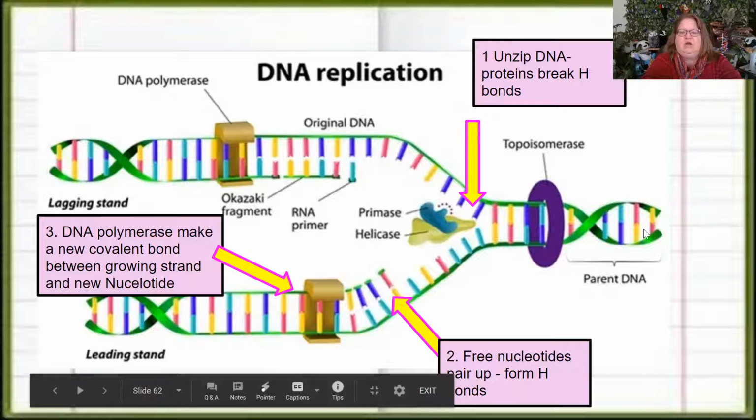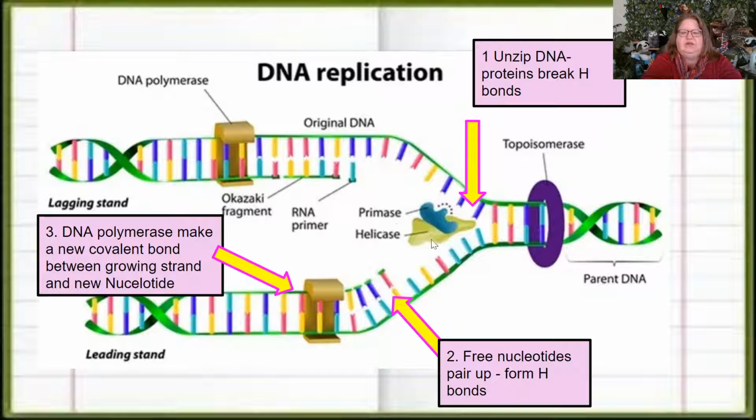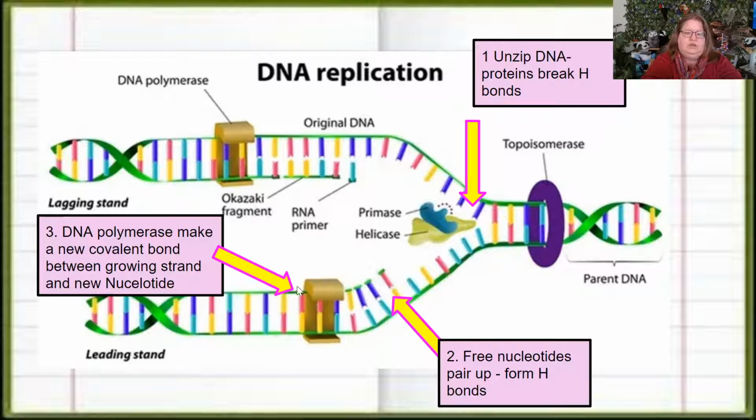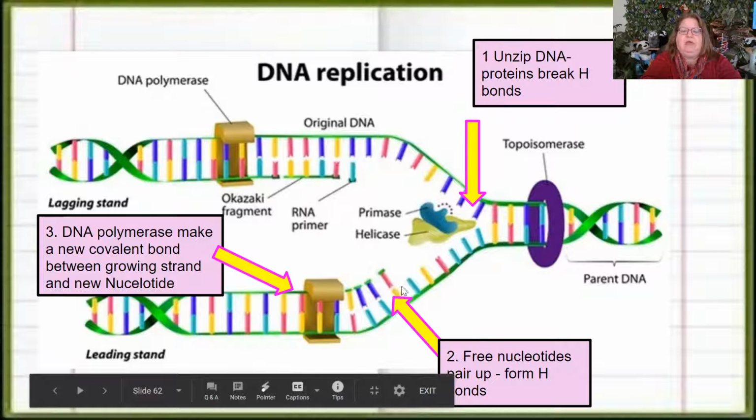So we've got our protein that's unzipping, that's our replication fork. It's splitting up the old original parent DNA. And one strand, you'll notice, is being built using one DNA polymerase. And here would be our free nucleotides that are pairing up because they match. They form those hydrogen bonds.